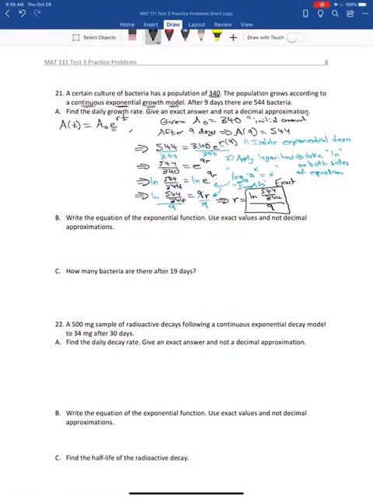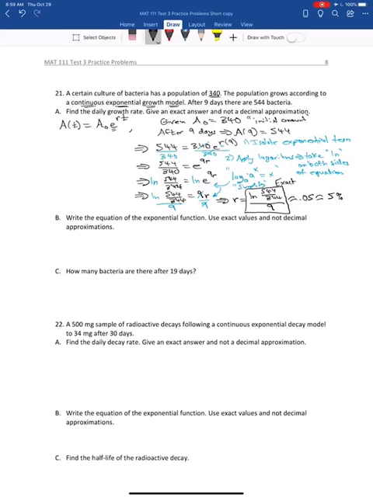You're looking at 0.05 as a decimal, rounded to the nearest hundredth. So let's write that in here: 0.05, which is approximately 5%.